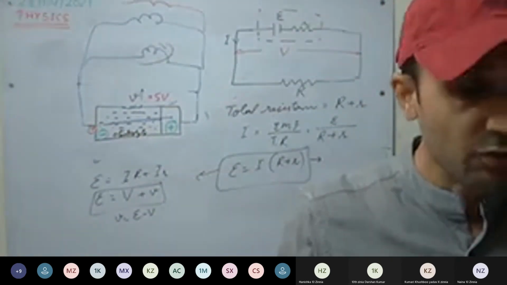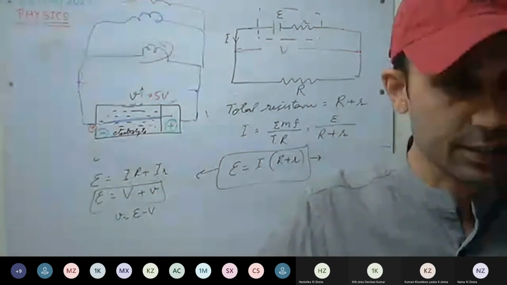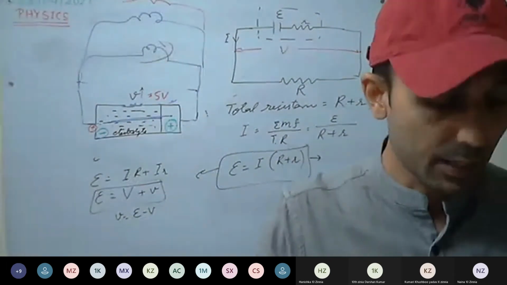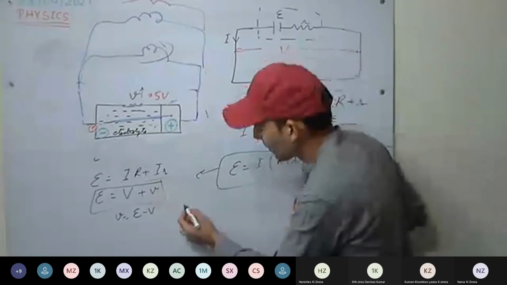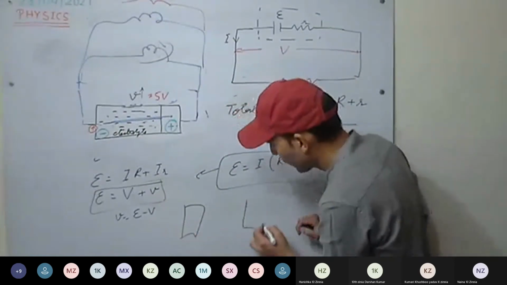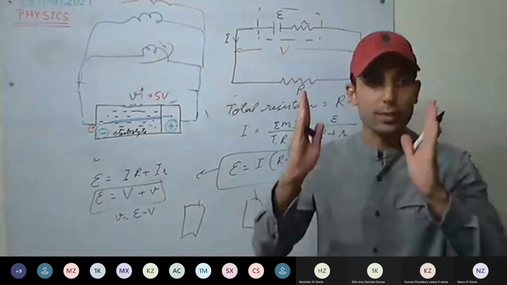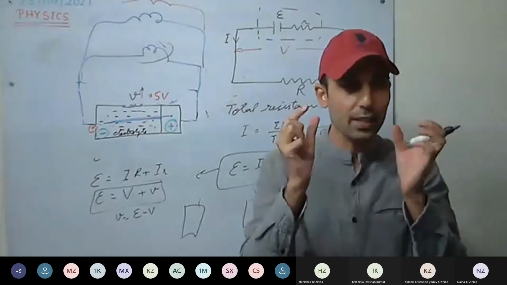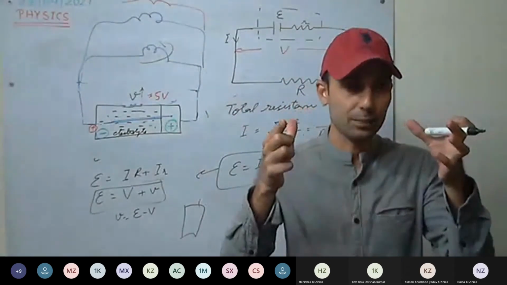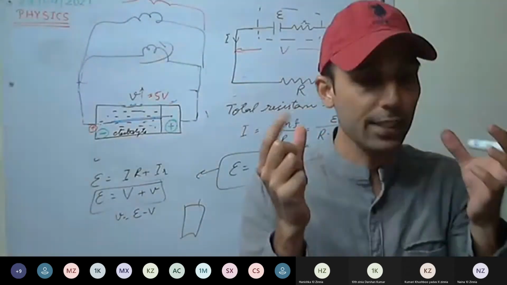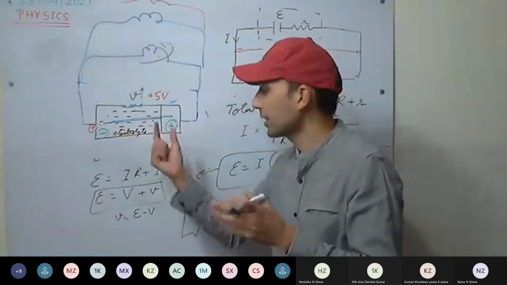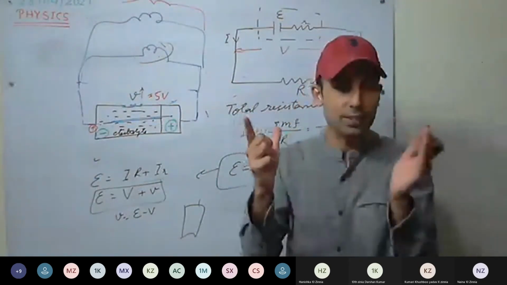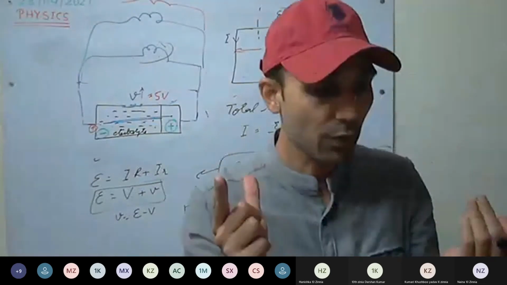Now, factors affecting the internal resistance. What are the factors which affect internal resistance? See here, if two rods, two electrodes, we have taken, and we increase the surface area of the electrode, less internal resistance will be there, less voltage drop.